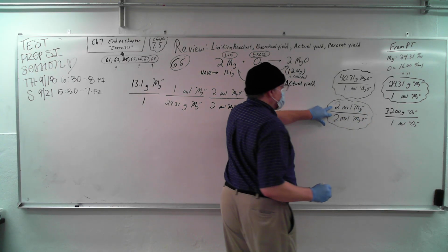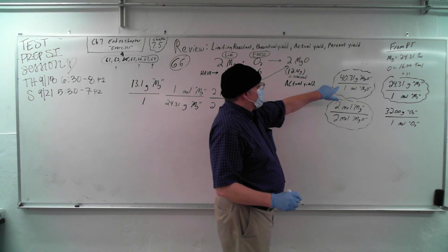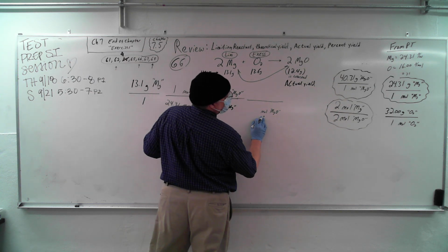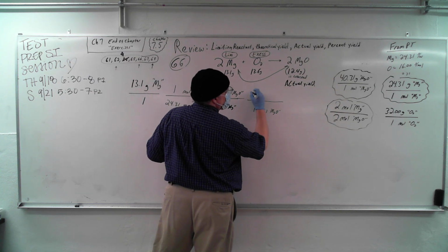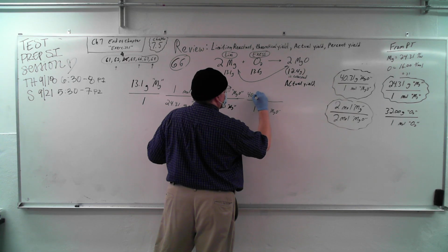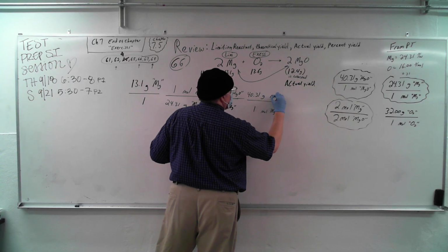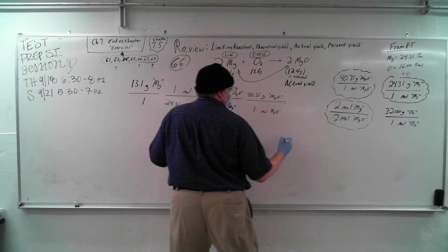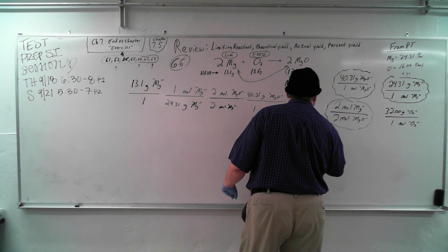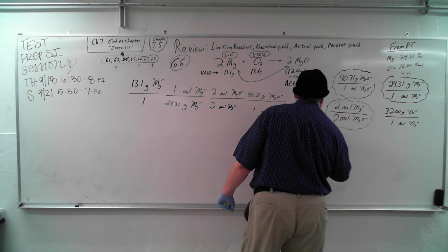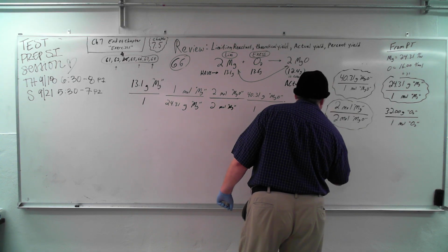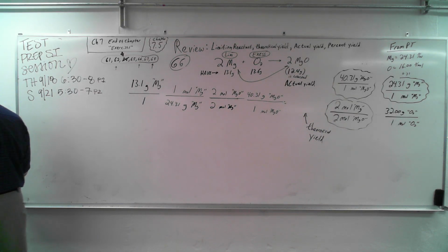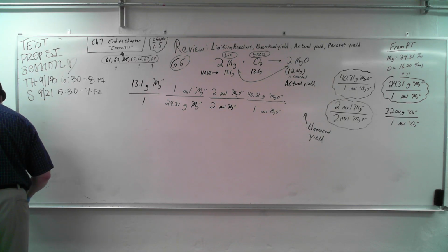So that's the molar relationship for the reaction. So now we use this. 1 mole of MgO is 40.31 grams of MgO. And that's the theoretical. And once we get that, the rest is easy.